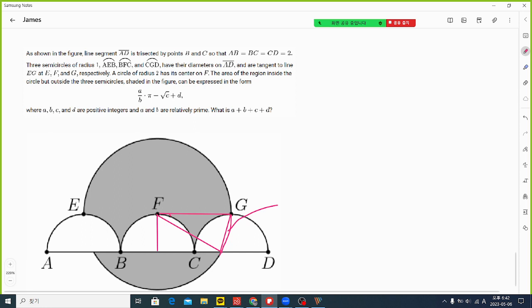So this angle is 30 degrees, complementary to 60 degrees. So to find this part, we need to subtract the area of the triangle. Let's say this point is H. So we need to subtract the triangle FGH from the sector made by this FGH.